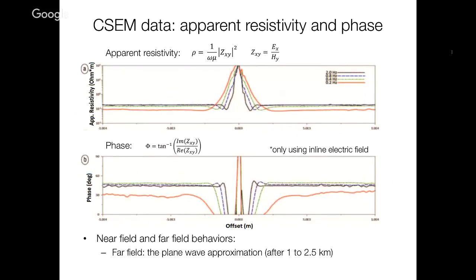And as you go to a longer offset, it asymptotes to a certain value and a 45-degree angle. So I think it's a good way to QC your data, because that's what physics tells us, and if your data looks like that, then it looks good.